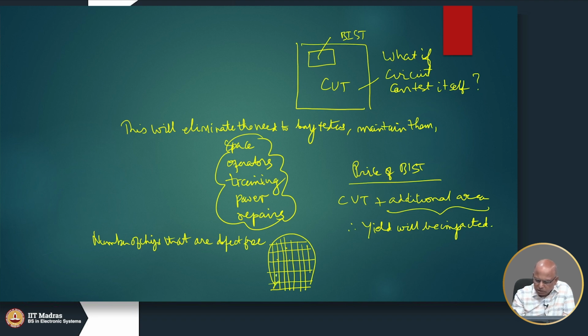Let us say I lost 1, 2, 3, 4. But the total number of chips I made is very large. So, approximately we have about 30 chips, let us say. So 4 are bad. So, 26 out of 30 is our yield.